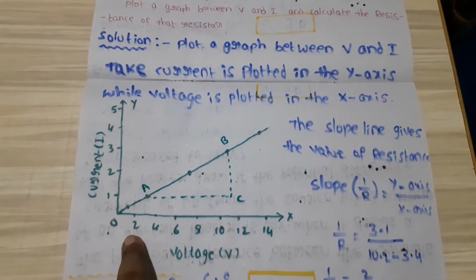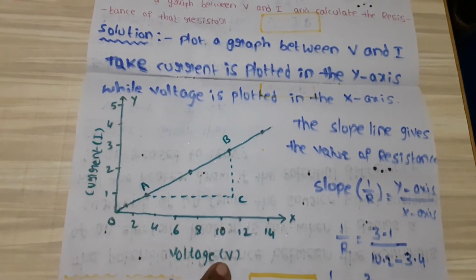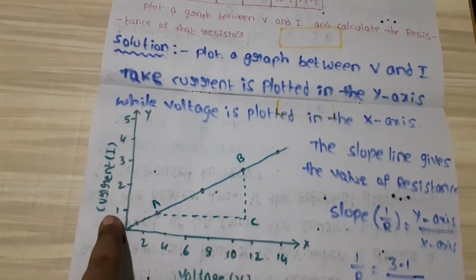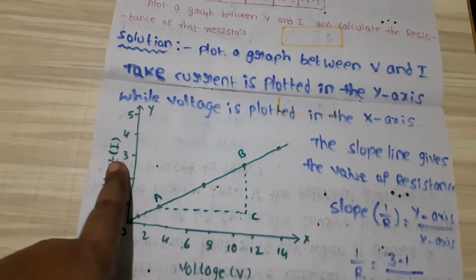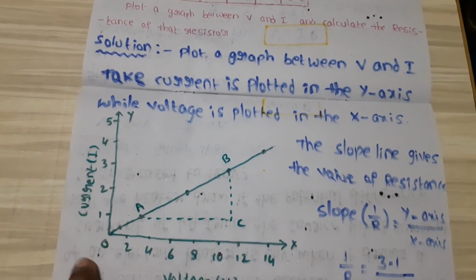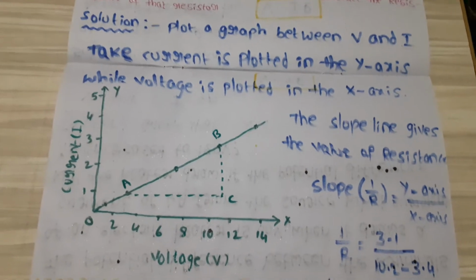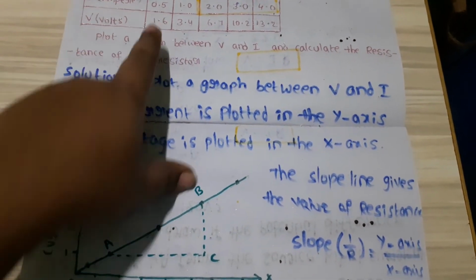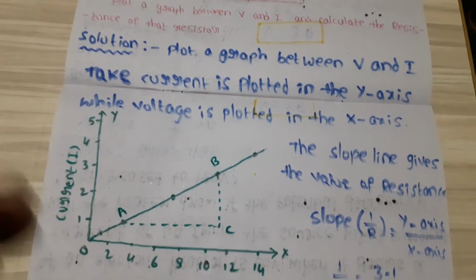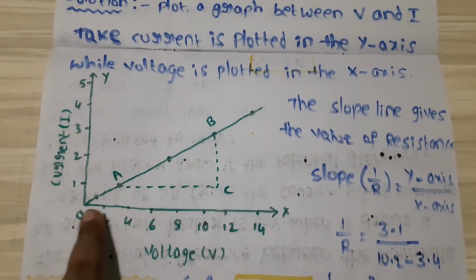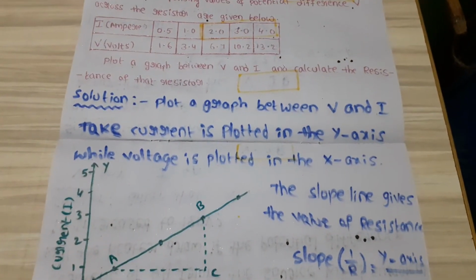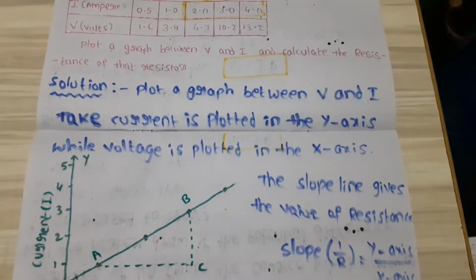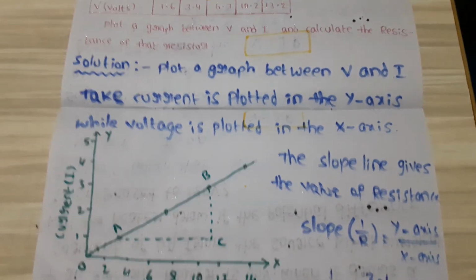I am drawing one graph. Along the x-axis must and should take the voltage V. Along the y-axis take the current I from the Ohm's law graph. So first of all current value 0.5, voltage 1.6.